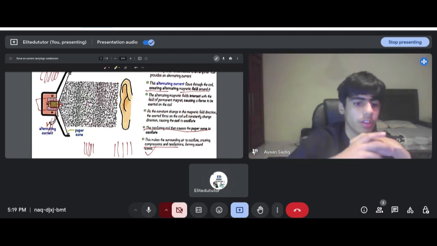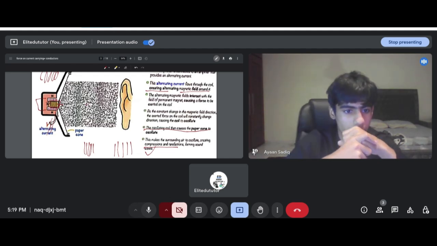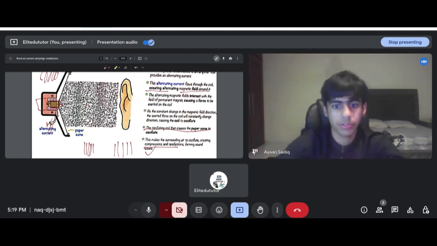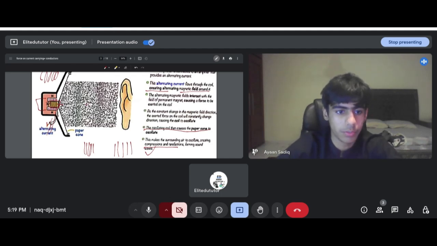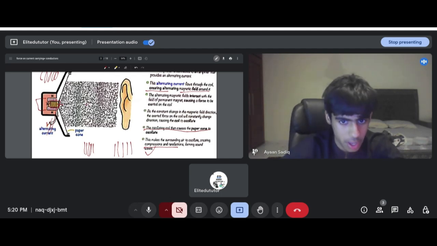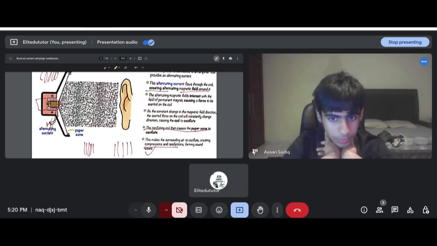So when an alternating current flows through the coil, an EMF is induced in it through the magnet, and a force is then produced on it.